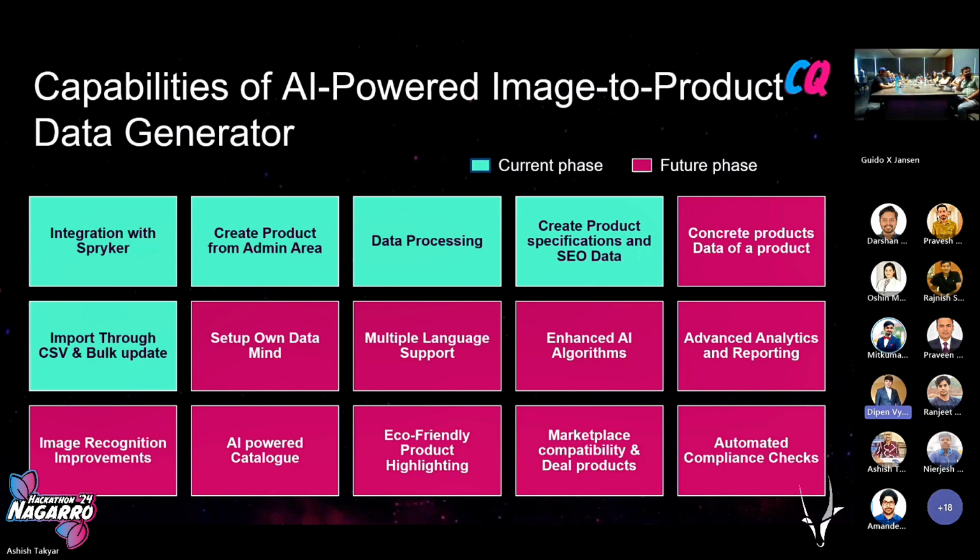In the current stage, we have considered a couple of scenarios. Let's say we want to upload bulk products through images, so we have created a bulk data importer. In the CSV you will define a couple of parameters like SKU, image URL, price and tax set. You mention these four parameters in the CSV, and you execute the importer command we have developed, and those products will get imported into Spryker.